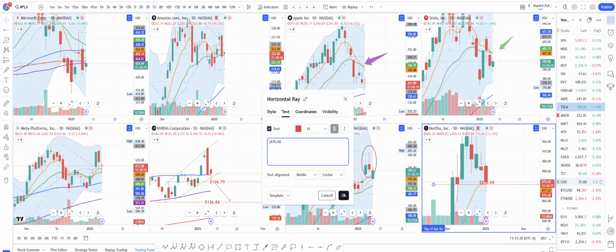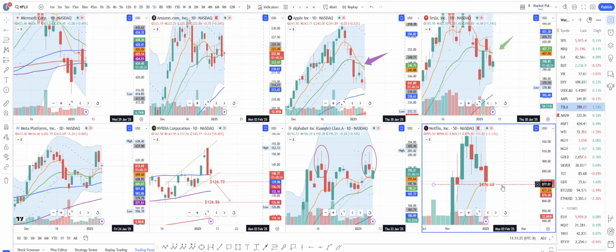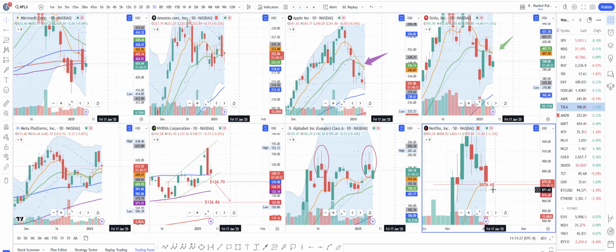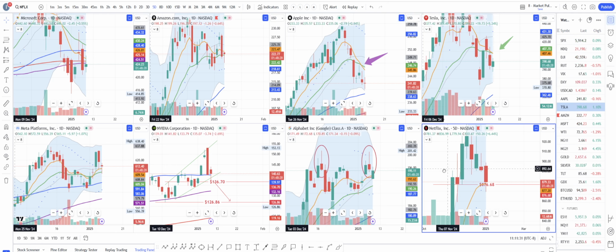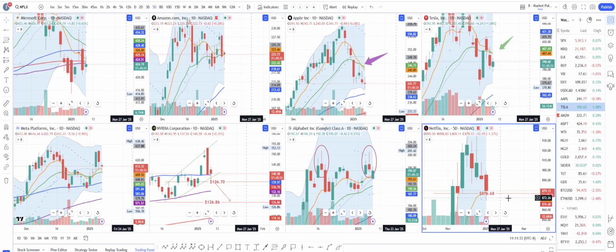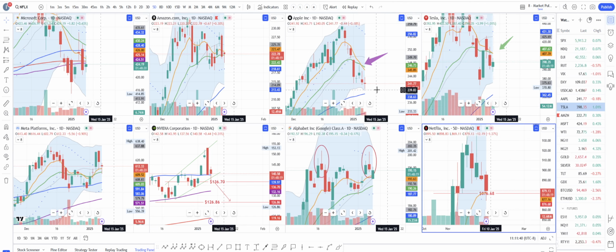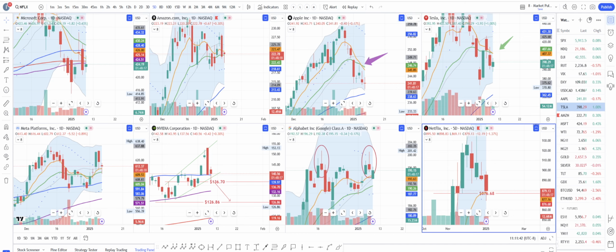All right, so this is the perspective. If Netflix closes below this line today, it will form a strong bearish formation on the 5-day frame, and the chances for moving lower will be very high. All right, so that's about the big tickets.